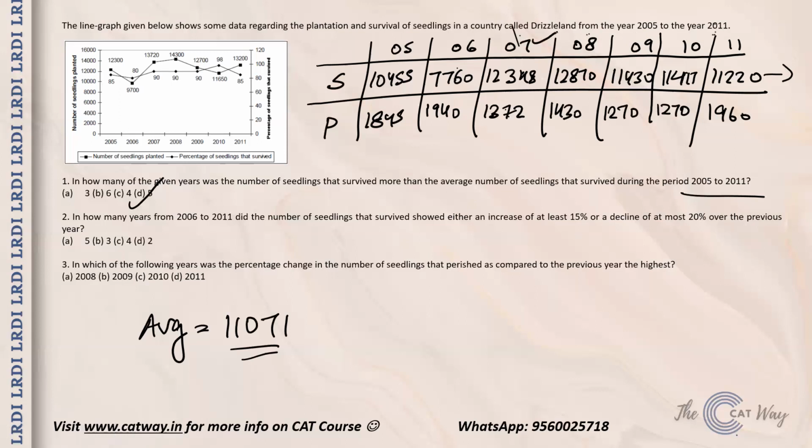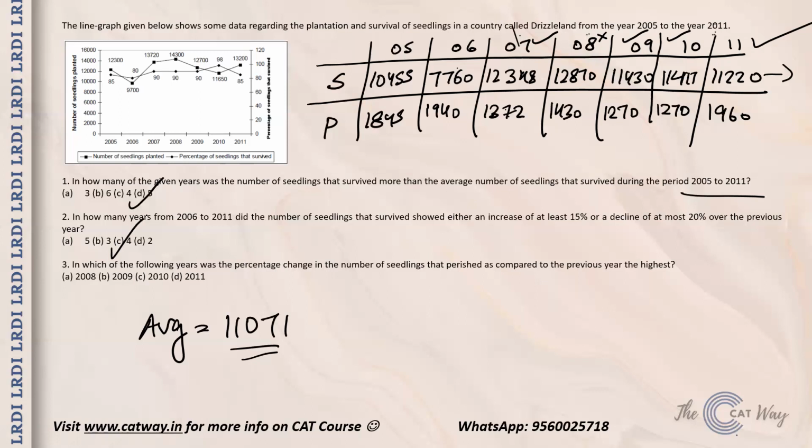From 7 to 8 it's way too less than this 15% increment. In 2009 there is a decrease, and the decrease is less than 20%. We can see that, so it will be counted. Then coming to 2010, definitely there is a decrease, but the decrease is less than 20%, so it will be counted. And in 11 also there is a decrease of less than 20%, hence it will be counted. So in total we get 4 years. So option number C becomes the right answer.